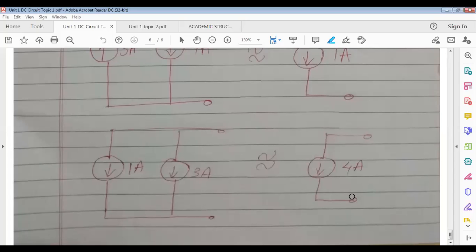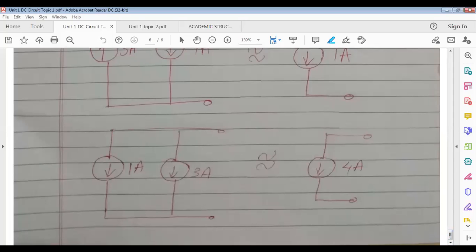Add them. Correct. So 3 plus 1, 4 ampere. And what will be the arrow direction? Downwards. Clear? Is this clear to all of you? Okay. Yes, ma'am. Good.